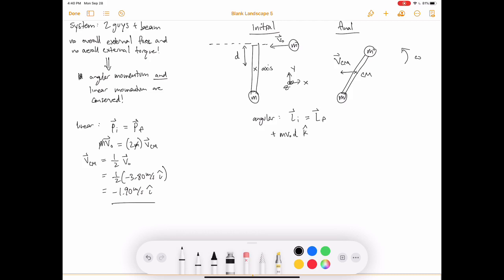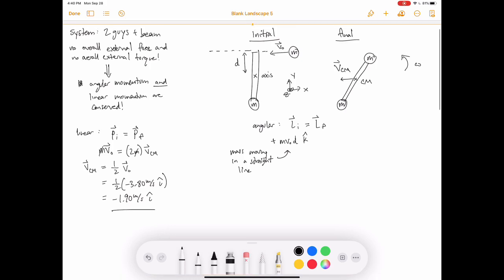So this is how we write the initial angular momentum of the system, because again, we just have a mass moving in a straight line. Okay, now the final angular momentum. Well, we can write this as I times omega because we basically have a rotating object rotating about a symmetry axis. And again, it's going to be in the positive z direction if you do the right-hand rule on that one.